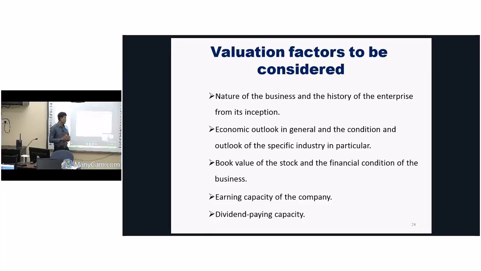The earning capacity of the firm, the potential, how far this firm can exist. Some firms may not be able to continue in the future because things will be replaced by other firms. If you take an example, if you are trying to give a value for a firm which used to produce floppy disks, we know that the future is no more there for the floppy disks because it's not existing.